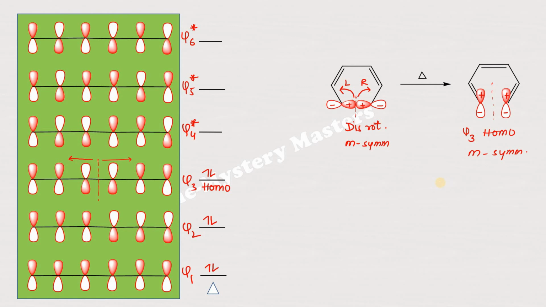Now again we will see how the ring opens in hν condition. For that again we have to find out the HOMO in the case of photochemical conditions. Here again we will be filling the electrons in the same way, but as we know, whenever you irradiate the molecule with light, one of the electrons present in the outermost orbital moves to the higher energy level, so that the HOMO is psi4 star now.